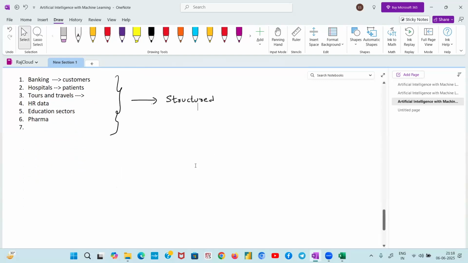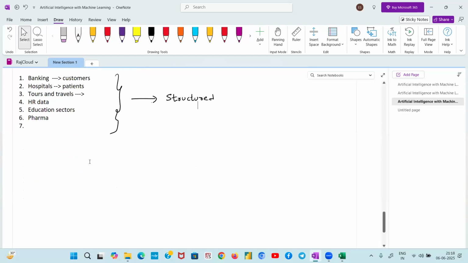Do we also have unstructured data? Yes, data may be unstructured also. What is meant by unstructured? No proper rows, no proper columns, no proper shape.